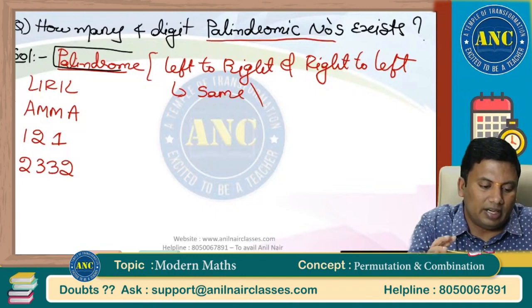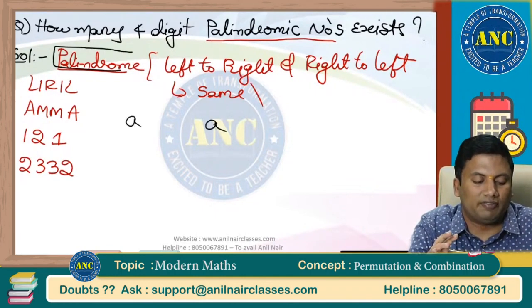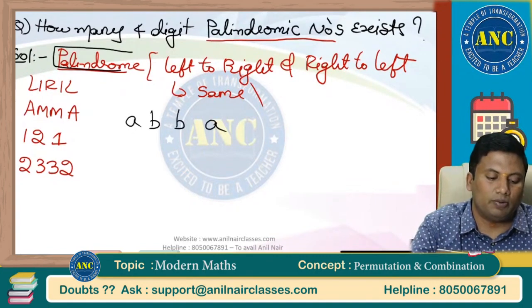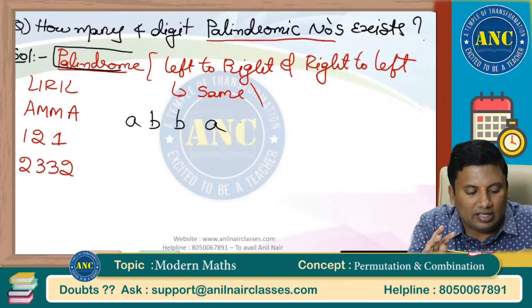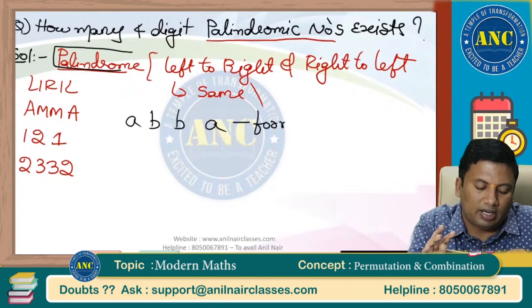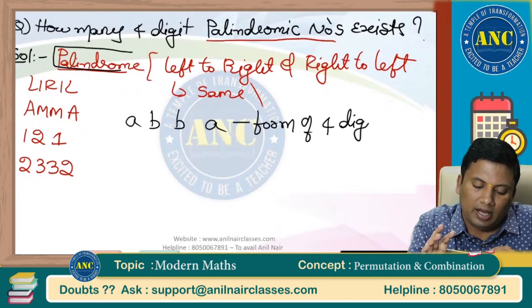It is a 4-digit number. So A, left to right, right to left, it should be same. B, left to right, right to left, it should be same. ABBA is the form of a 4-digit palindrome.